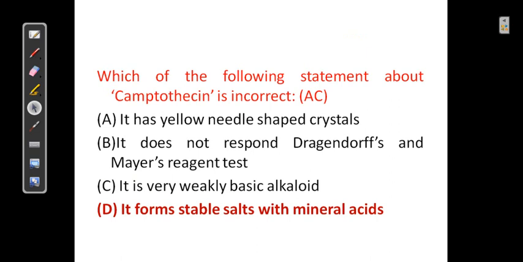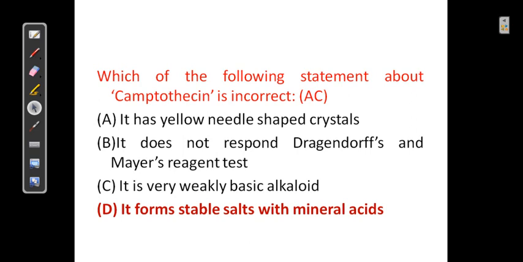Next one, which of the following statements about camptothecin is incorrect? Camptothecin is an alkaloid obtained from Camptotheca acuminata, which is an anti-cancer drug. It has yellow needle shaped crystals. It does not respond to Dragendorff's and Meyer's reagent test.